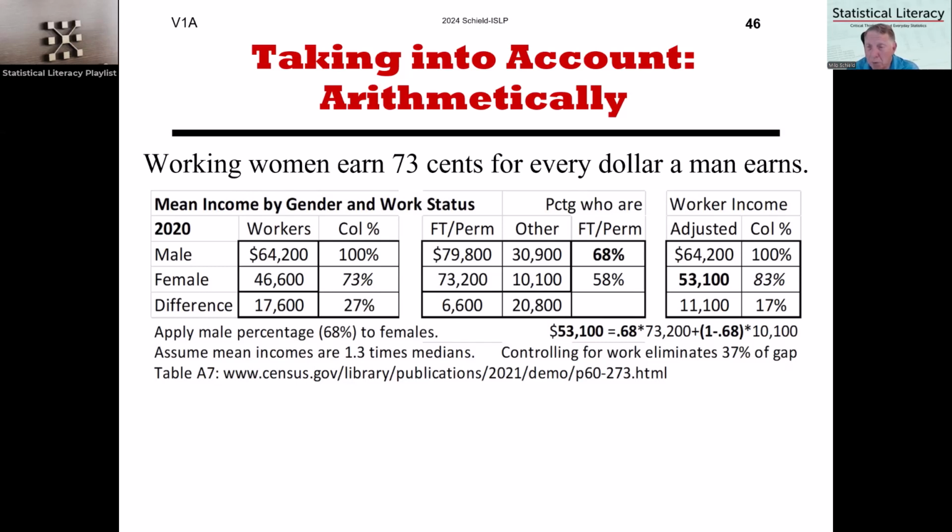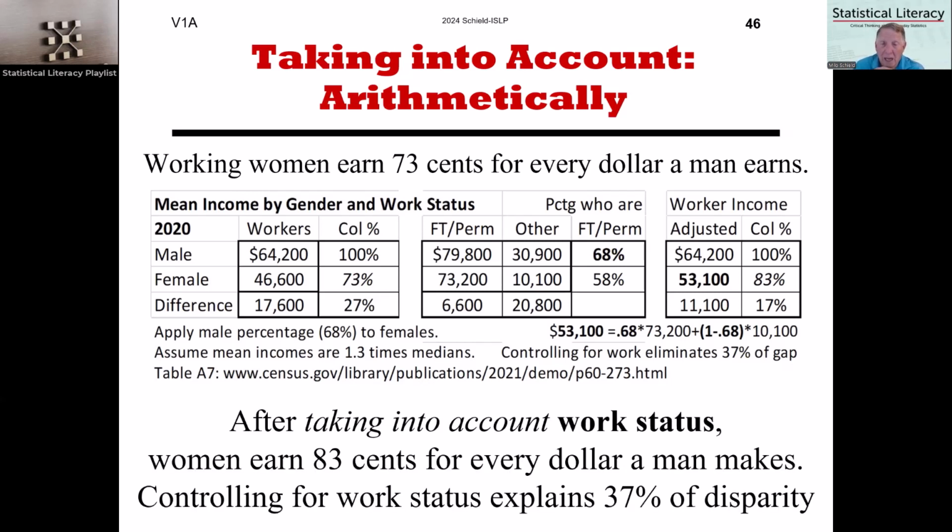Quite a big improvement. And now I can say, ta-da, after taking into account work status, women earn 83 cents for every dollar a man makes. Controlling for work status removes a third of the disparity, explains 37% of the disparity. So this is how they work weighted averages.